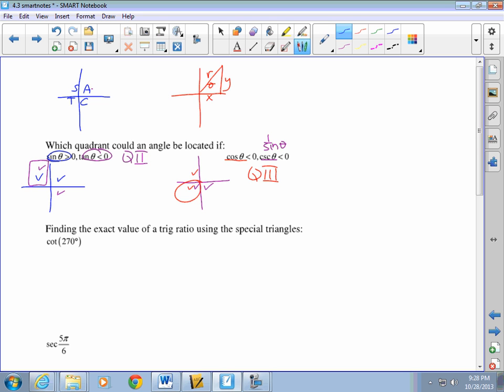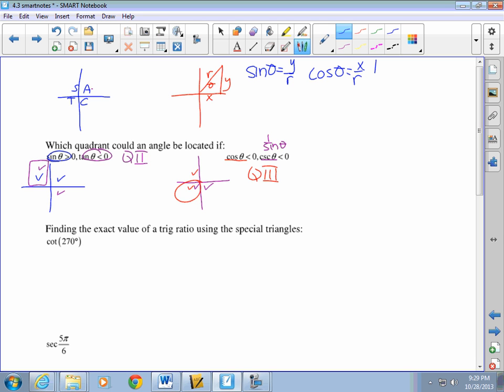So our sine of theta, sine is opposite over hypotenuse, so it was y over r. Cosine of theta is adjacent over hypotenuse, so that's x over r. So instead of using opposite, adjacent, and hypotenuse, we're using the values from the Cartesian coordinate plane to get the values that we substitute in.